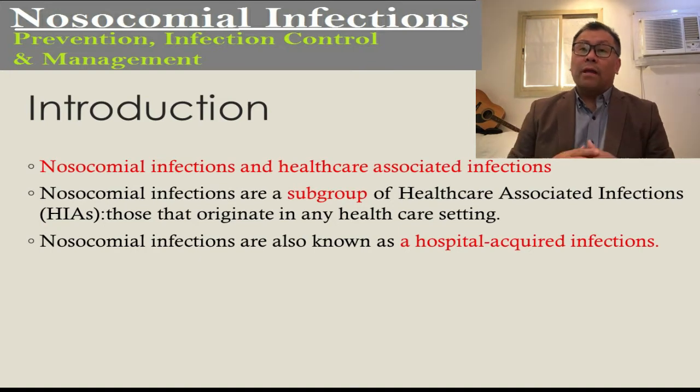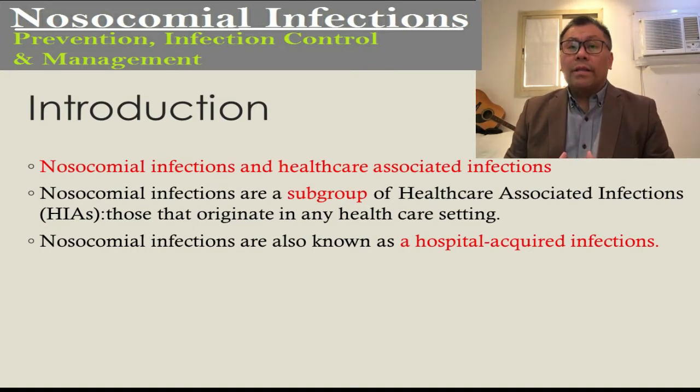That's why all the nurses and healthcare practitioners practice hand hygiene, in order not to transmit, because they are one of the carriers in transmitting diseases from one patient to another patient. Nosocomial infections are also known as hospital-acquired infections.